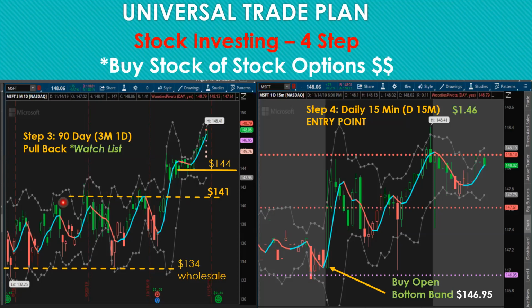But look what happened. It kept testing this ceiling, and then eventually, usually after 3 times of price action trying to hit a ceiling with enough demand or volume, it'll break through the ceiling and push its way back up. So it pushed up past this 141 and it went to 144. Then next thing you know, it just started to take off.